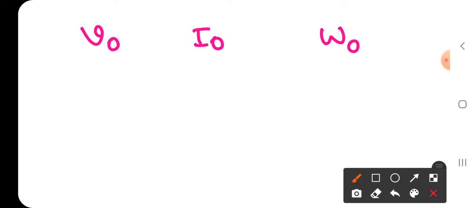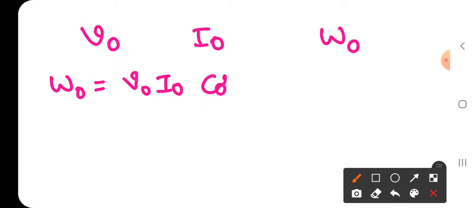Here I can write the equation W0 is equal to V0 I0 cos phi 0, where cos phi 0 is the no load power factor.